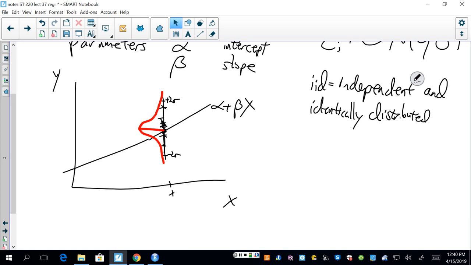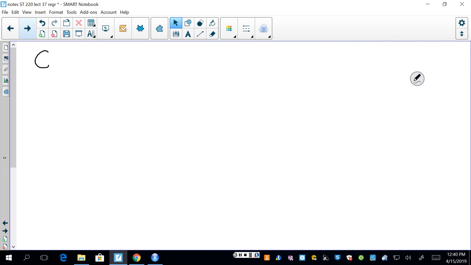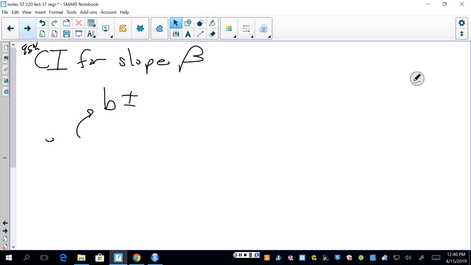So we want to know the intercept and slope. And so we can make a confidence interval, let's say 95%, a confidence interval for the slope, beta, is calculated as the estimated slope, so this is the estimated one.